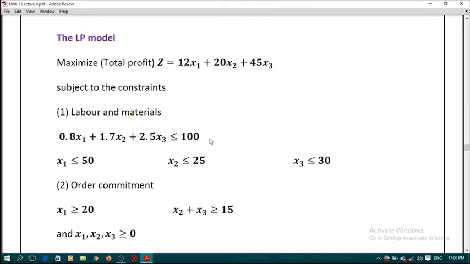We have a maximum of that time. Now about material: x1 is less than or equal to 50, x2 is less than or equal to 25, and x3 is less than or equal to 30.